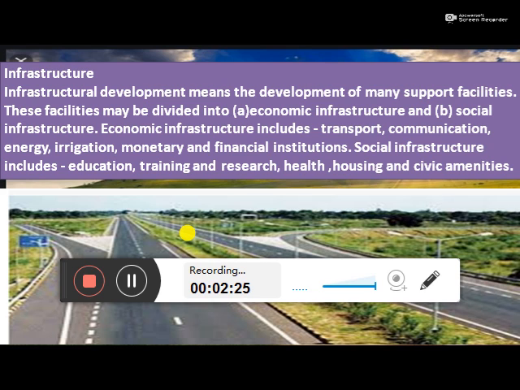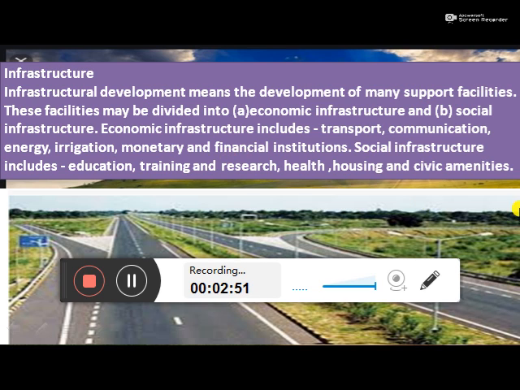Transport is not only a facility, it's the blood circle for all economic development. Financial institutions are like that also. If you have a steady financial supply for the investor, definitely they will reach the goal.